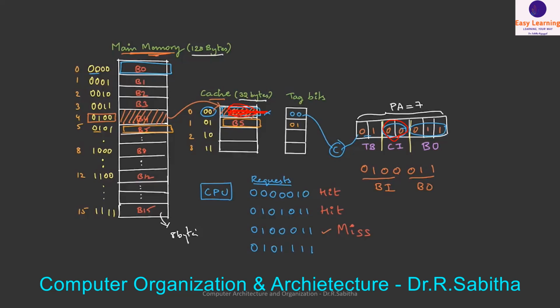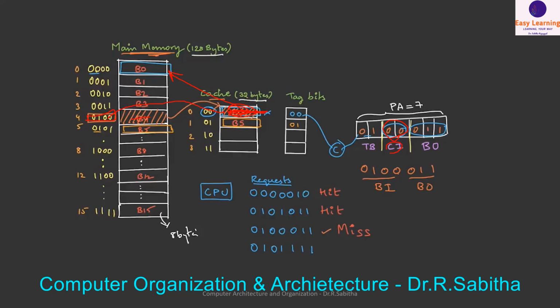So we have to write back this block to the main memory, and we have to shift the new block. If the cache index is 0 0 and the tag bits are 0 1, it is nothing but 0 1 0 0, which is your fourth block in your main memory. So that has to be moved into this cache line.